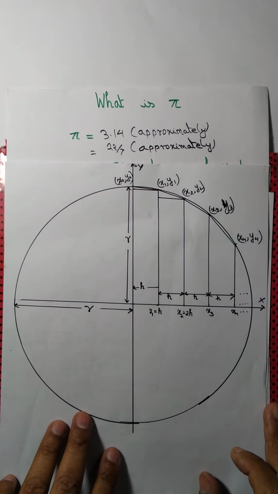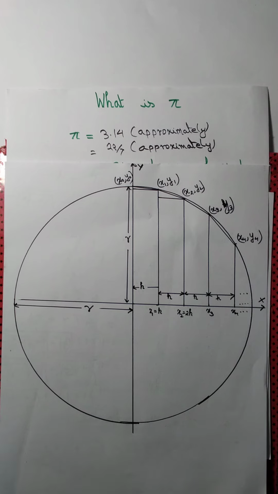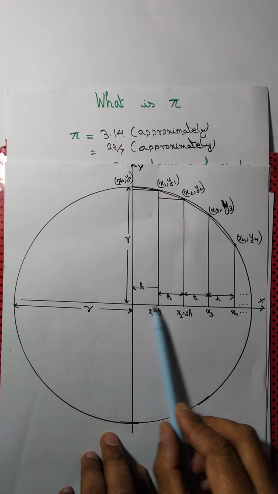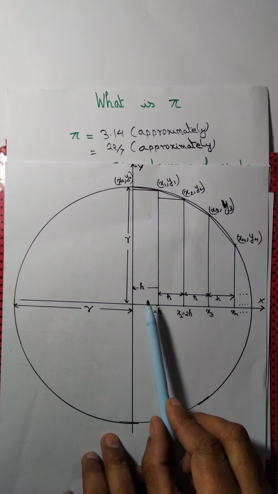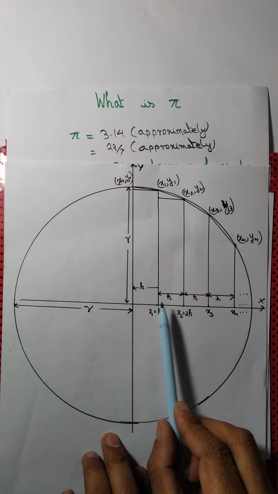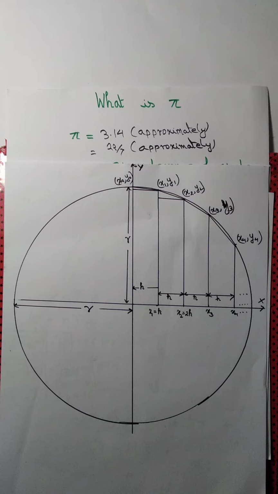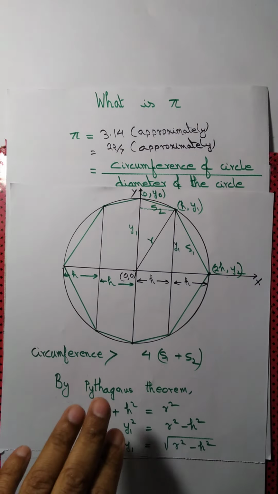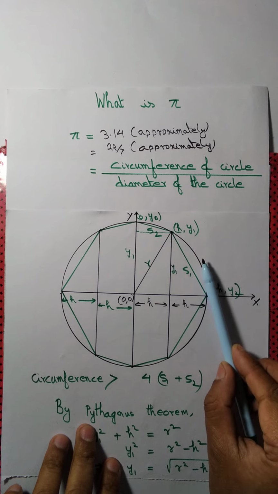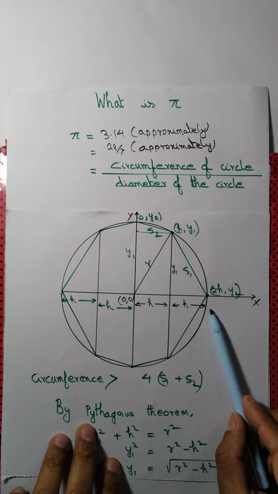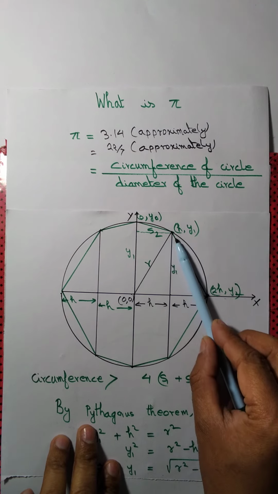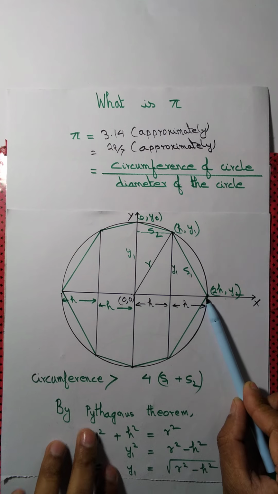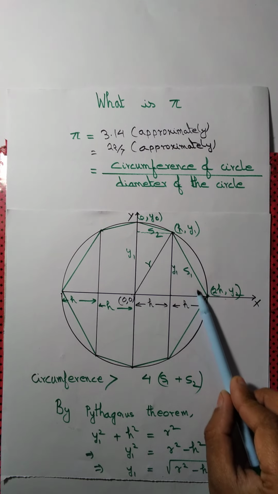So we have a bigger circle now, and the radius is broken into a large number of smaller units. And what can we say about the circumference now? Observe that last time the length of this arc is much bigger, a little bit bigger than this line segment.